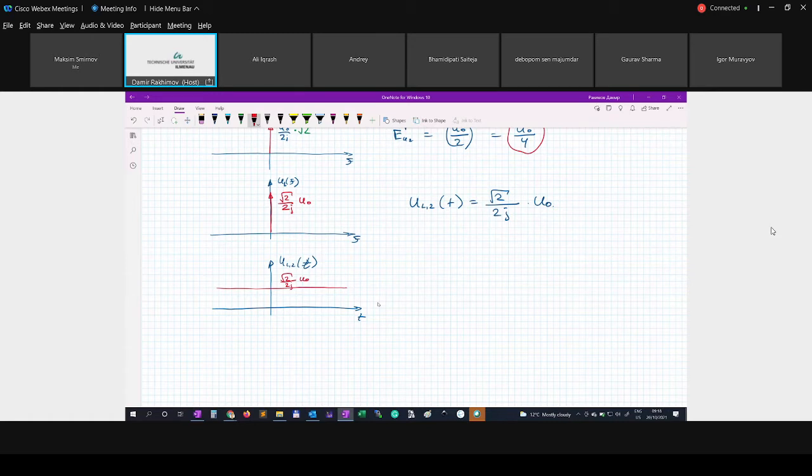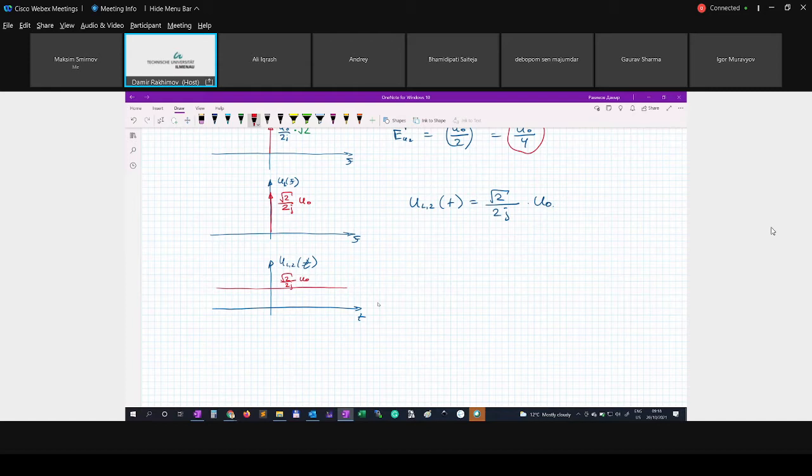Okay, now we go to the following task. I'm using old numbers, and I think they're different from what you can find on Moodle. So we consider the following problem. This is our function, and this is the spectrum of our signal.